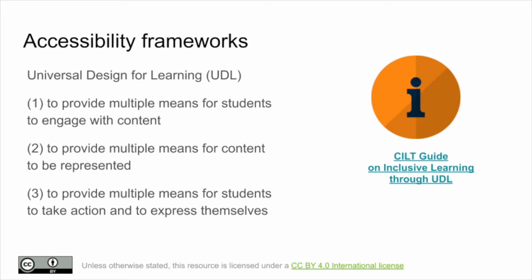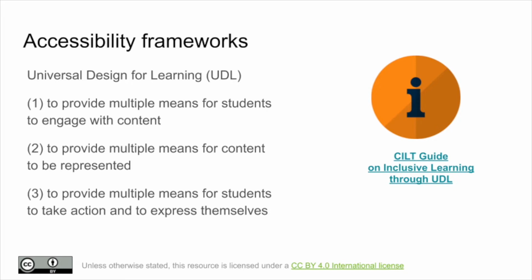Secondly, to provide multiple means for content to be represented. And thirdly, to provide multiple means for students to take action and to express themselves, to express also what they are learning or the challenges that they may have with the content.